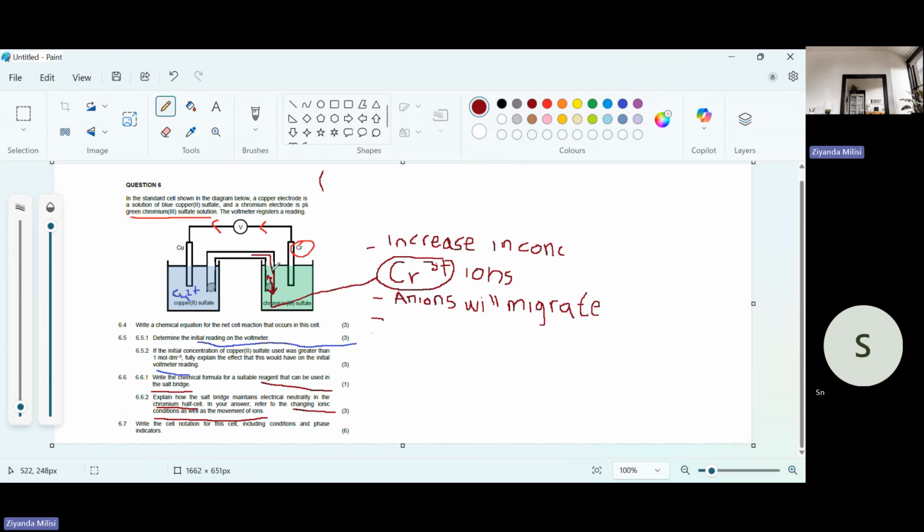So the salt bridge, remember, releases anions to the electrolyte solution. Then in turn, the electrolyte solution, because it has many of these Cr3 plus ions, these cations will migrate into the salt bridge.